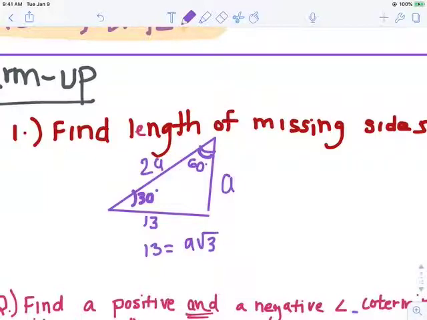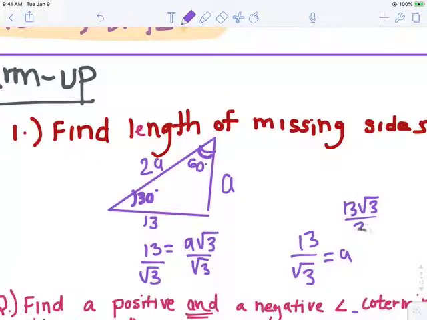To solve this, you have to divide off the square root of 3, and so then you just have 13 over square root of 3 equals a, and then you can multiply by square root of 3, so it's 13 square root of 3 over 3 equals a. And so then this side is 13 square root of 3 over 3, and this side, since it's 2 times that, it's just 26.